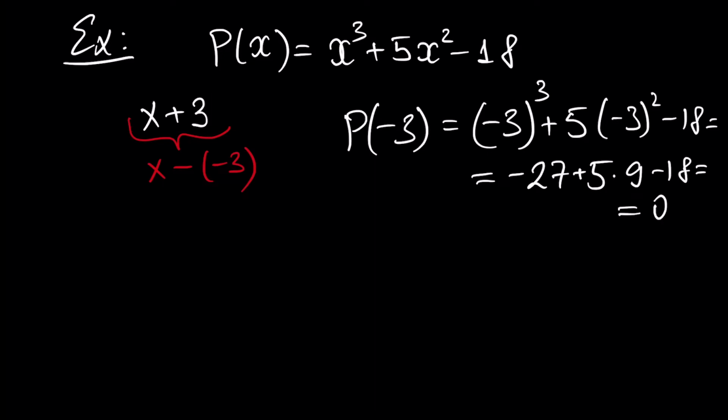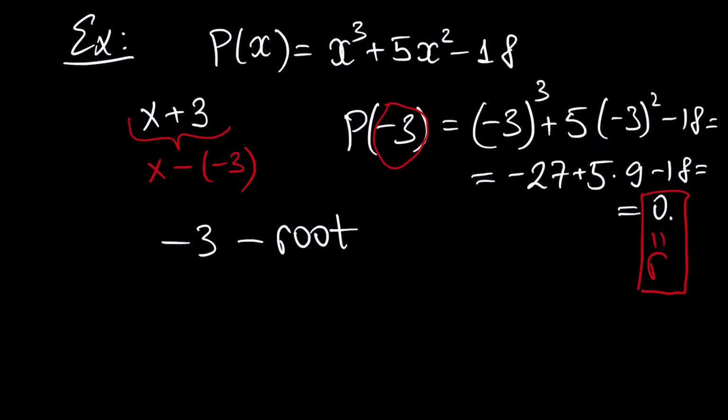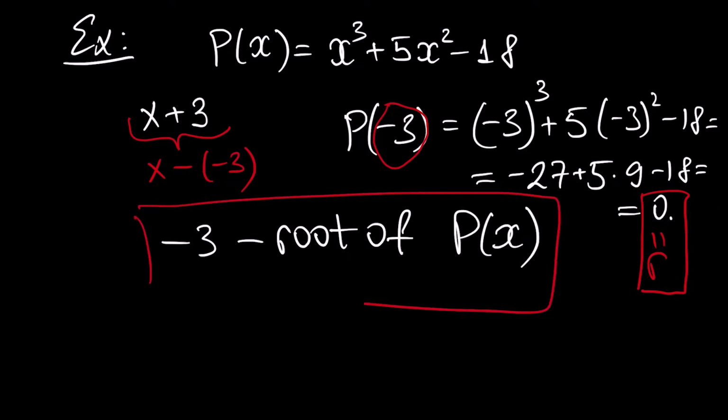This is equal to 0. And since remainder is equal to 0, it means that number minus 3 is the root. This is a root of polynomial p of x.